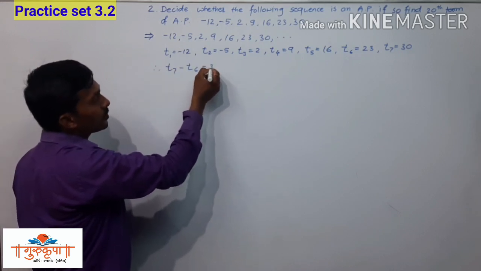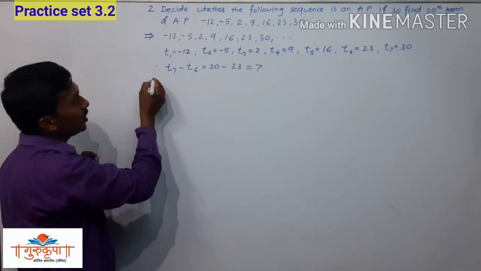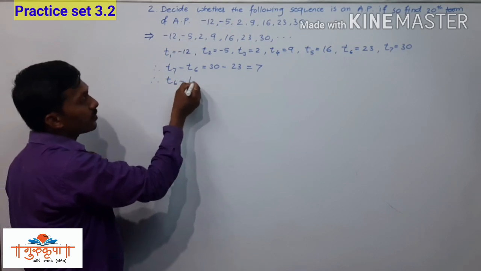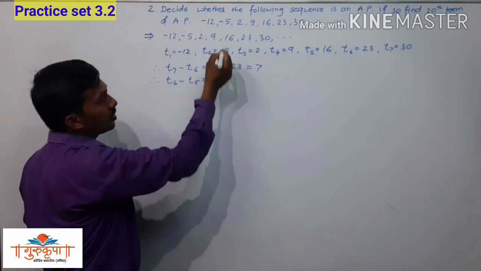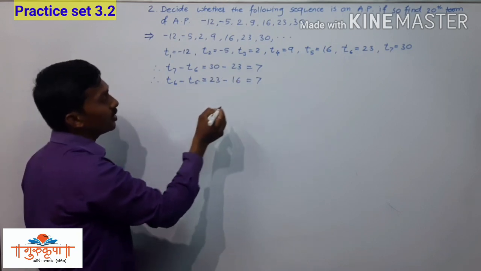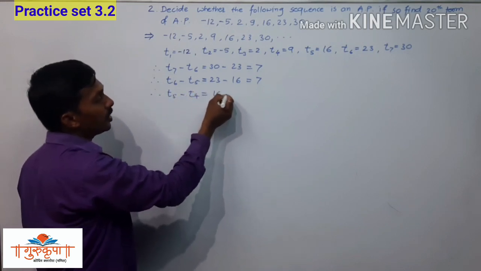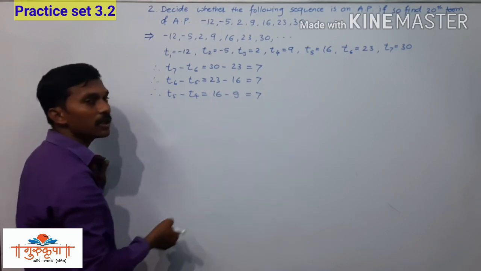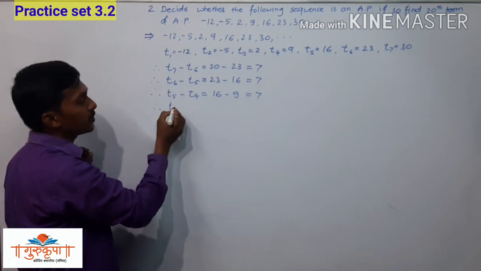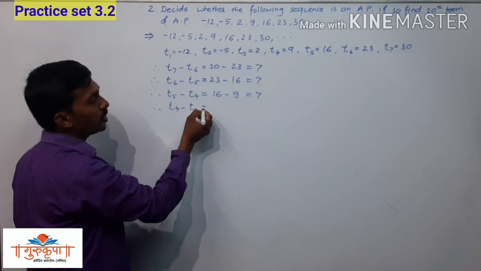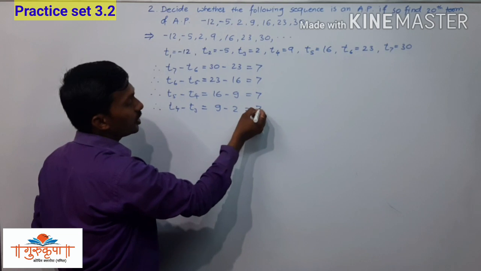T7 is 30 minus T6 is 23, and it is equal to 7. T6 minus T5, that is 23 minus 16, is 7 again. T5 minus T4, 16 minus 9, is 7 again. T4 minus T3, 9 minus 2, is 7 again.